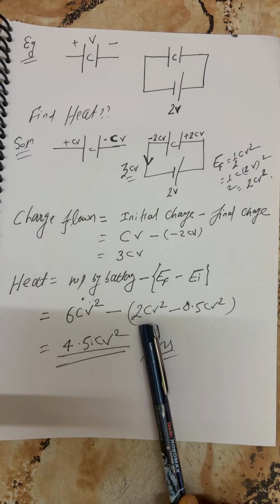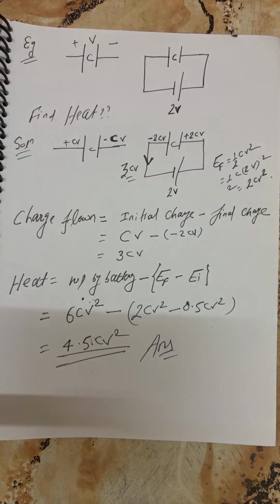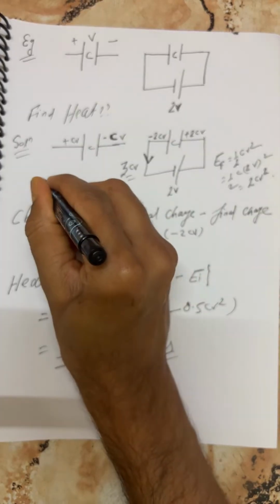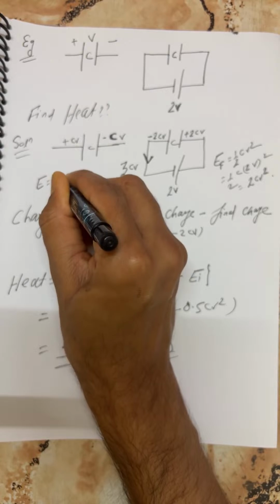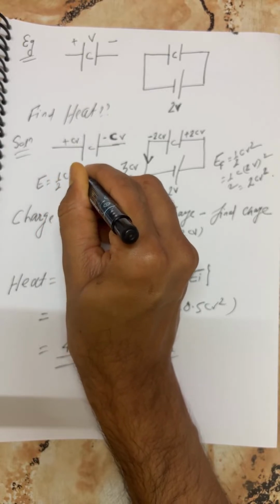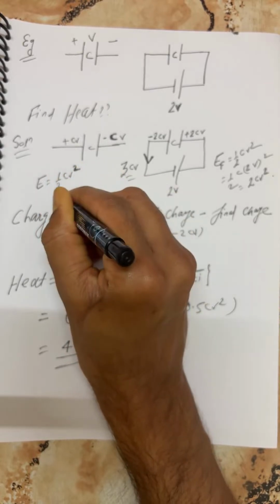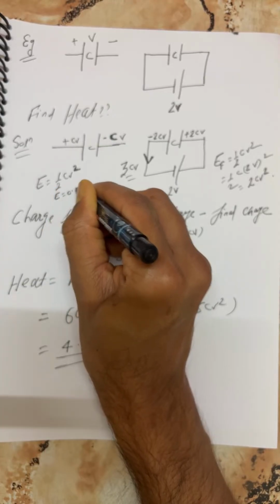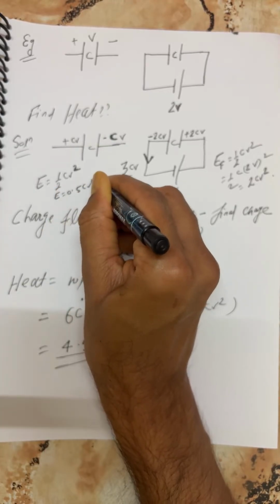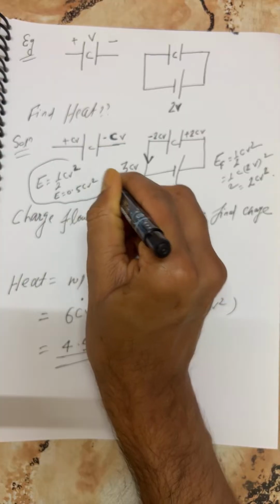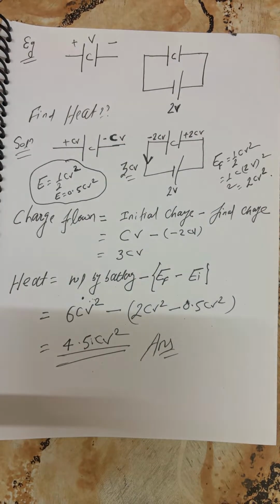So energy final is 2CV square, and energy initial is half CV square. So energy initial is equal to 0.5CV square. So my dear, this is all about today's class.